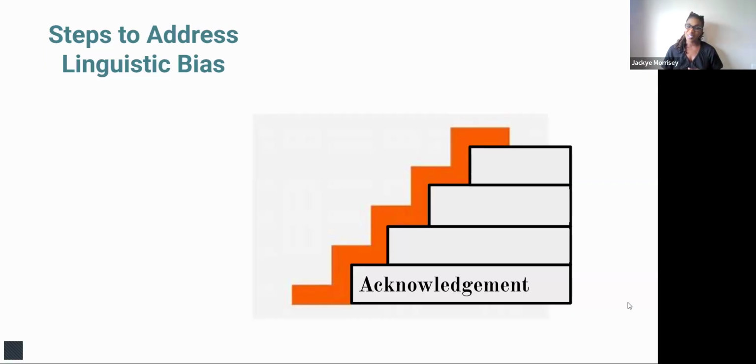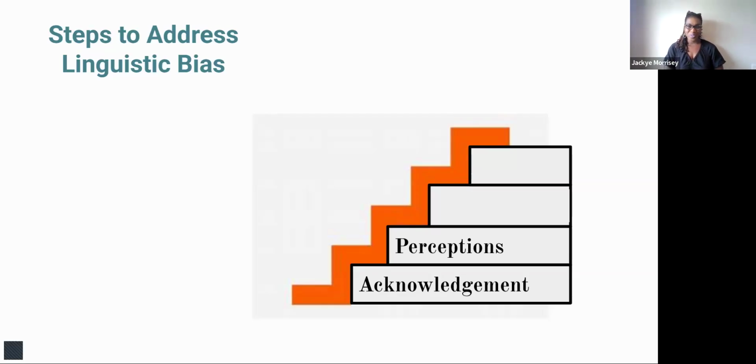Sometimes those opportunities have not been favorable, and so some of us have adopted certain practices or beliefs because of negative encounters with certain groups of people. Nonetheless, we need to acknowledge that there are areas of bias that we may hold against certain groups of people based upon their language and other areas as well. But we're talking about linguistic bias today.